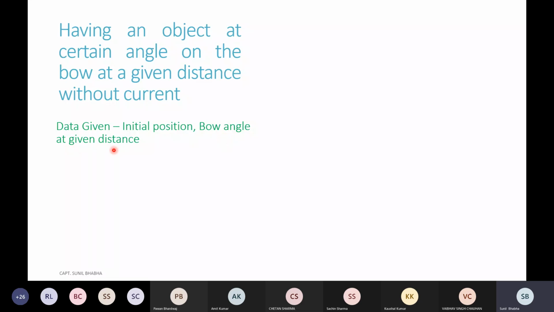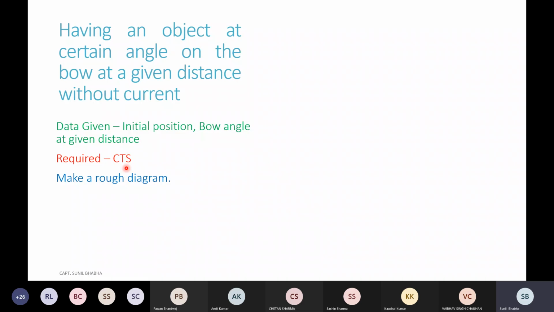And third, the distance at which that bow angle should be obtained is also mentioned. What we are required to find out is what course the vessel should be steering.